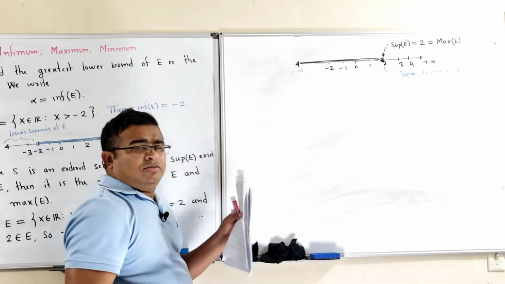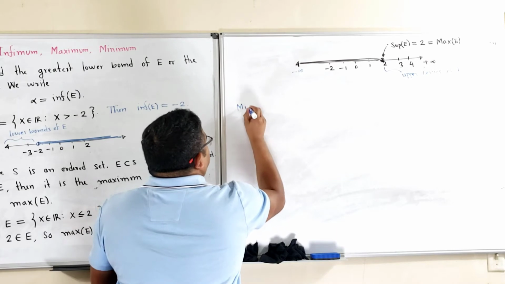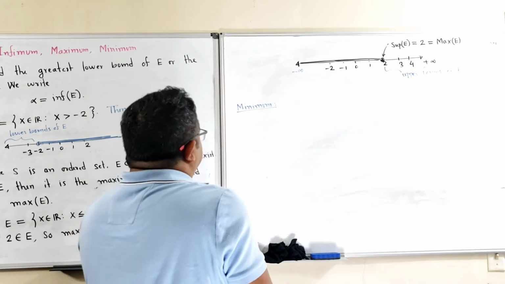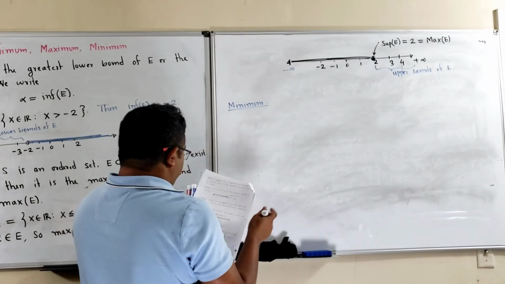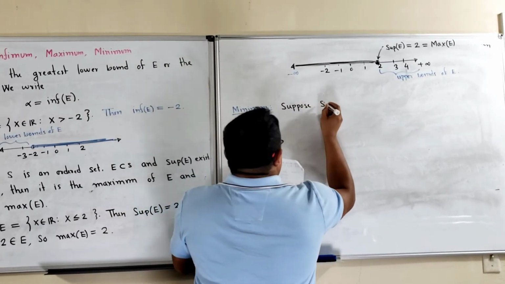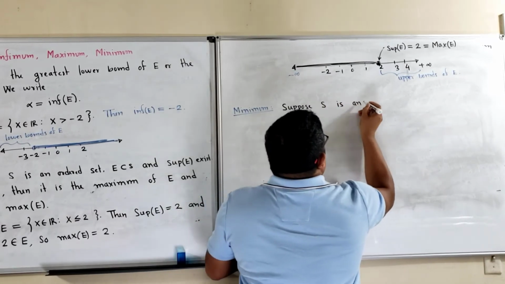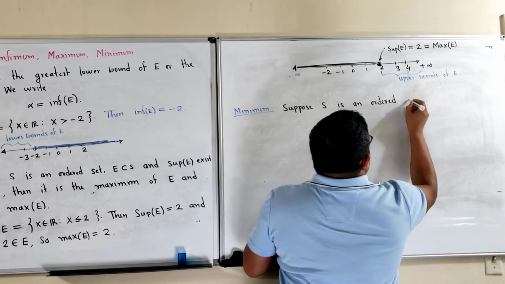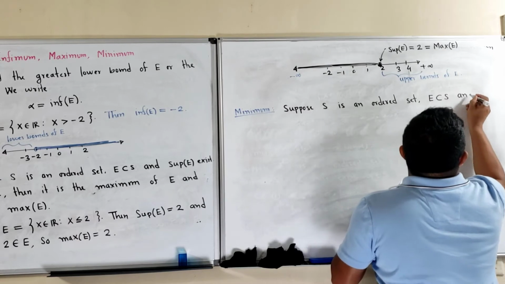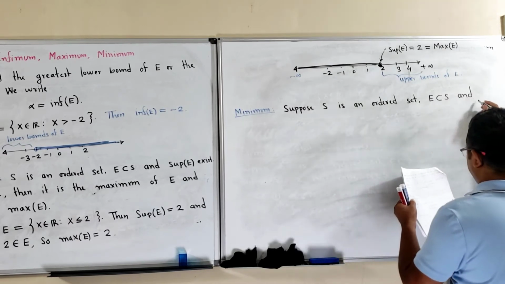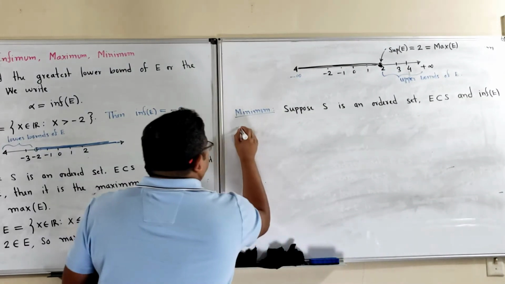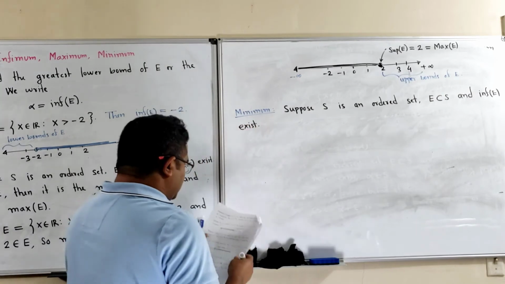Now the minimum. Suppose S is an ordered set, E is a subset of S, and the infimum of the set E exists.